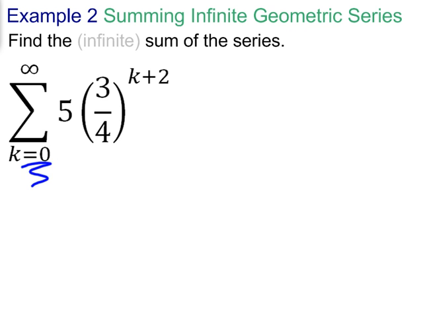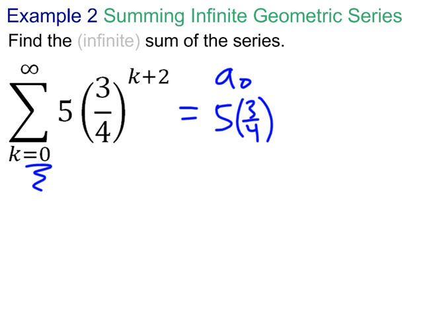I'd still suggest that before you jump to the formula, write out the first few terms. A sub 0 is going to be 5 times 3/4, and if I plug 0 plus 2 in there, I just get a 2 in my exponent.